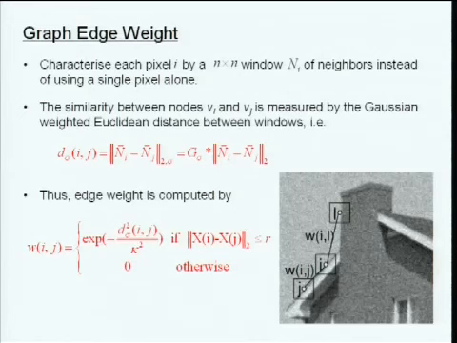Once we have the distance function defined between a pair of pixels, we compute our weights by exponentiating the difference in neighborhood pixel values. So if a neighborhood is similar, we get a weight which is close to 1. If we have a dissimilar neighborhood, we get a weight that's close to 0.